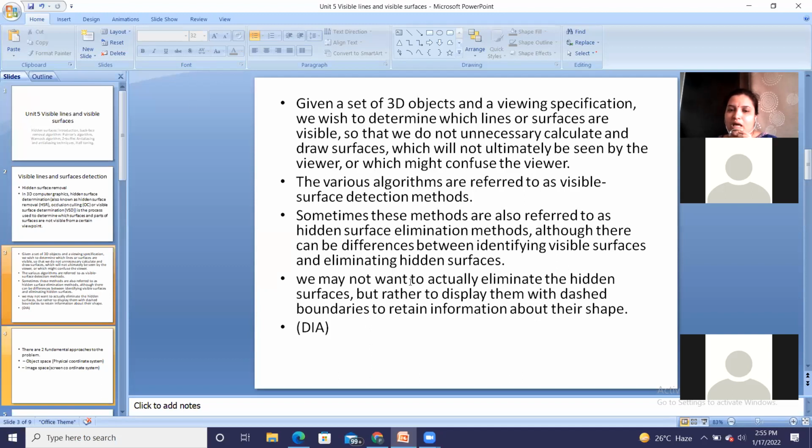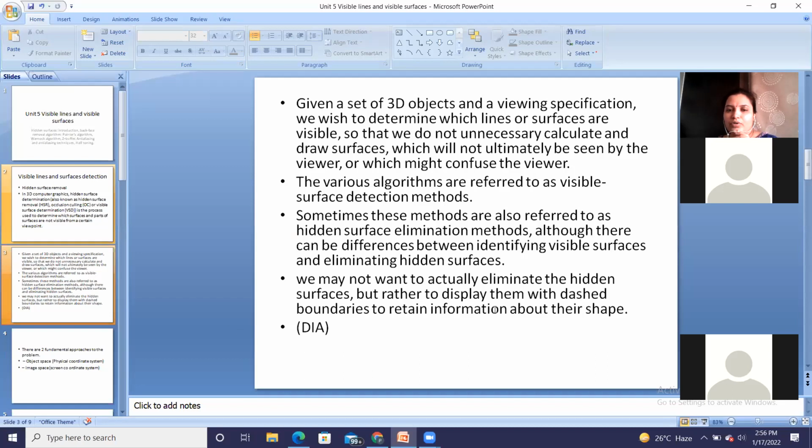Actually we remove the hidden line, but we do it from the frame buffer. But if I am not eliminating such hidden portions, then instead of drawing the complete line, or we can say the solid line, we can make use of a dashed line to indicate that those portions are hidden.